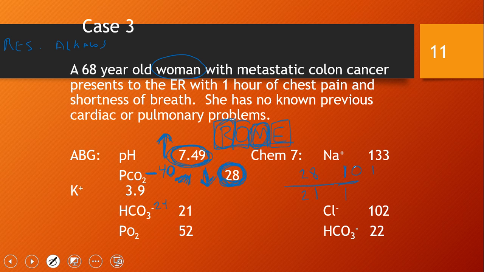This should have changed by 1 if it is acute, and it should have changed by 4 if it's chronic. So let's see here. This did change about 10, and this then from 24, if it had changed 1, then we would say it would be at like 23.